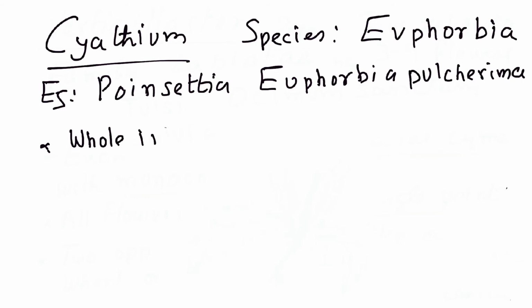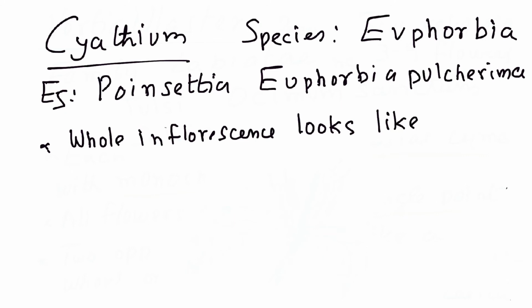As I already mentioned, the whole inflorescence looks like a flower. The second notable point is that the receptacle is something like a small conical development. So that's very interesting. And this small conical development is surrounded by an envelope of around 5 green or colored bracts.